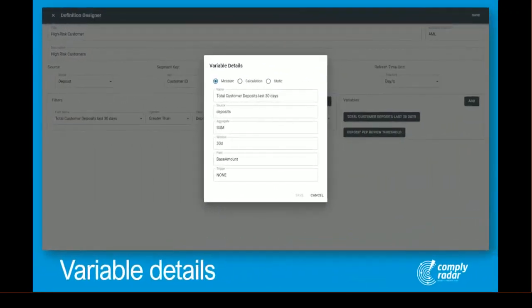You can as well define variables in the rules. So you can define a measure. In this case, for example, the deposit is the amount, right? Yes. But it could be a calculation. The measure that I'm using could be, for example, taking an average or taking a sum of something. I'm interested not just in a measure, which is just a data point coming in, but I wish to do some calculation of it.